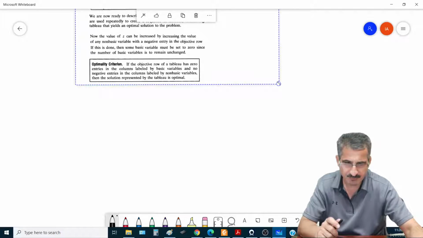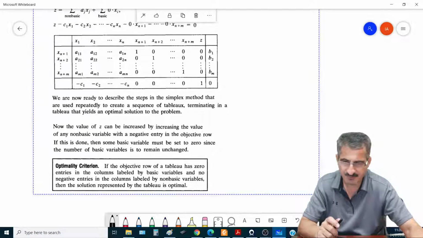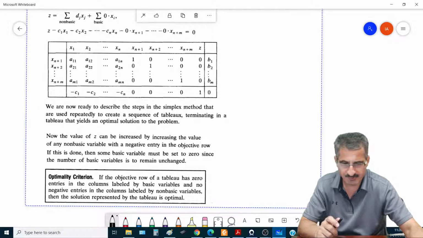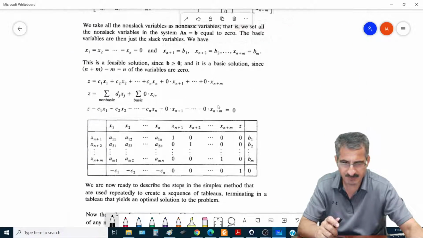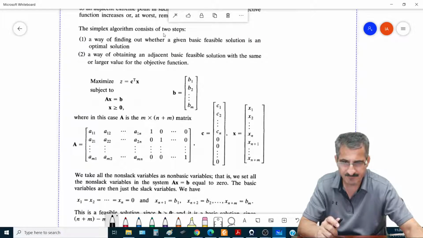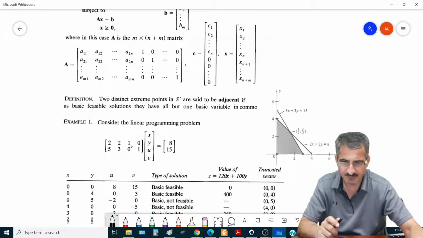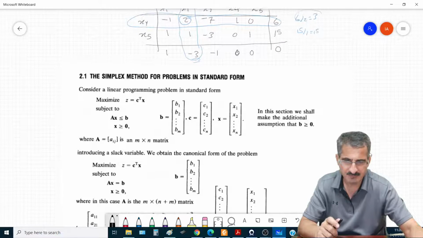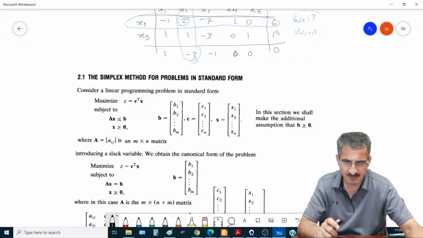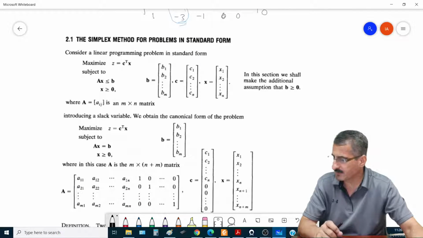Now we want to learn why the simplex method works and gives us the optimal solution. Okay, the simplex method.